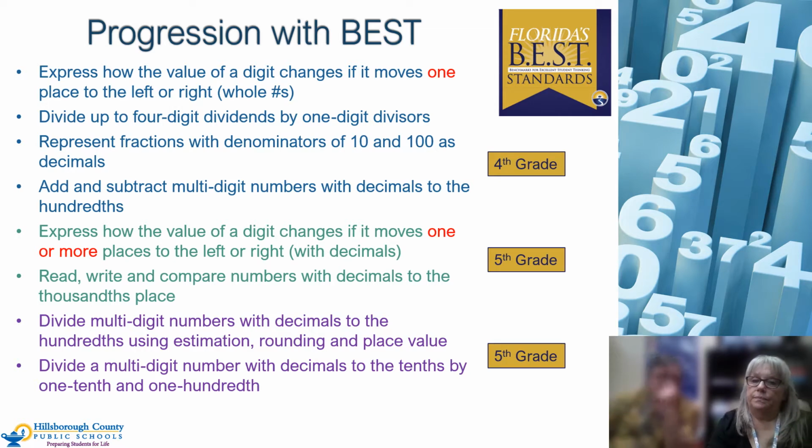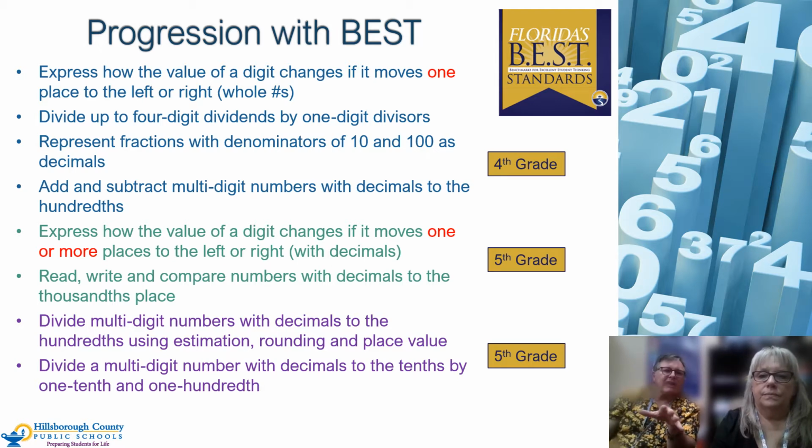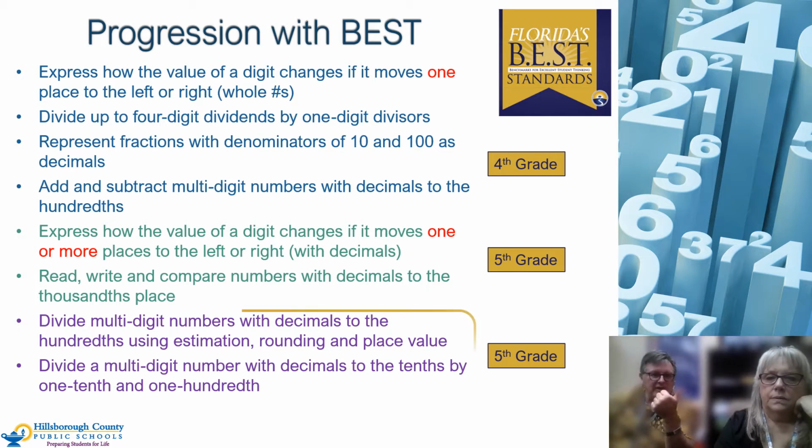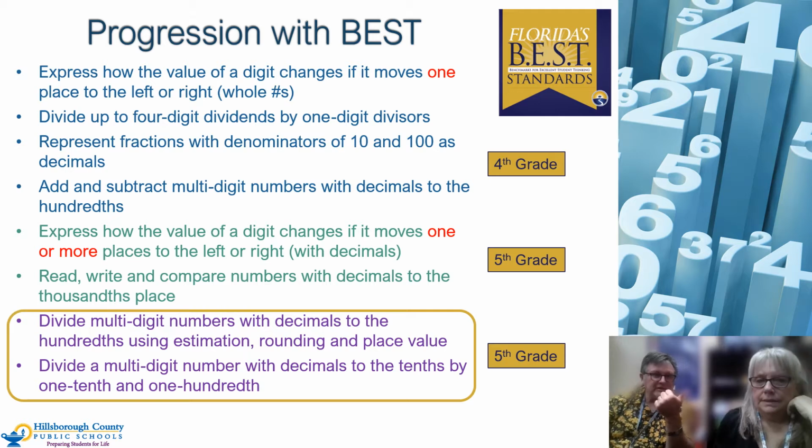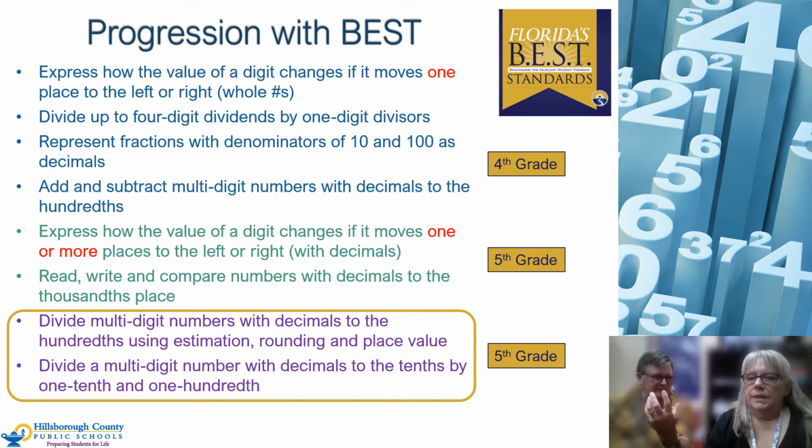I'm looking at those last two benchmarks, which this Dive-In 5 is focusing on. I'm seeing strategy in that first purple benchmark there. You needed estimation as a strategy, place value as a strategy, and also thinking about rounding. Correct. We really need to think about those things when we're facilitating lessons surrounding those benchmarks. Thank you for adding that, Daryl.